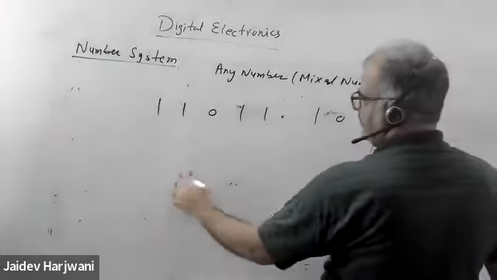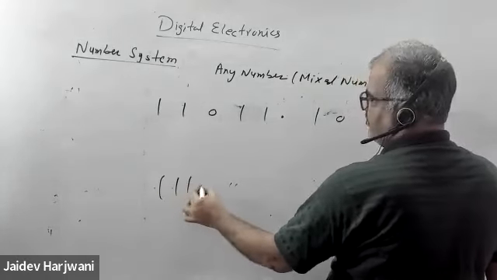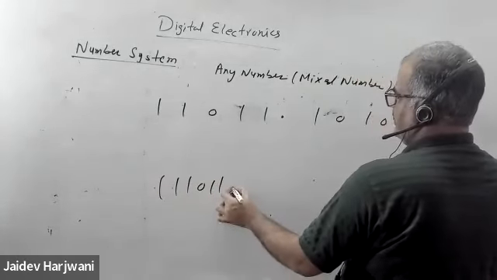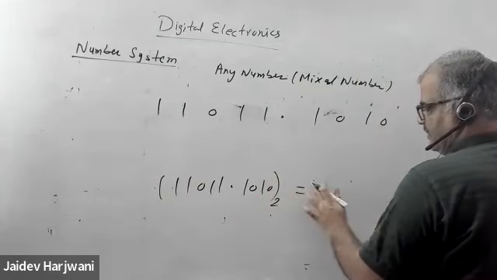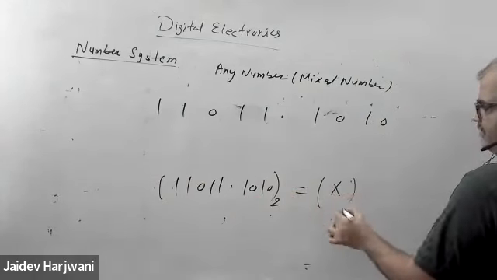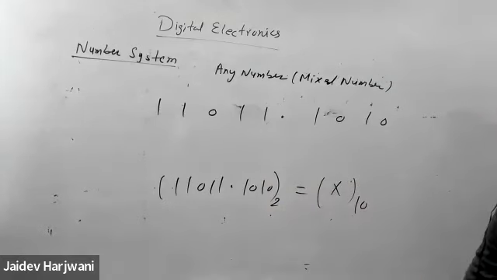So I have this number written in binary, 11011.1010, and I want to write it in the decimal number system.